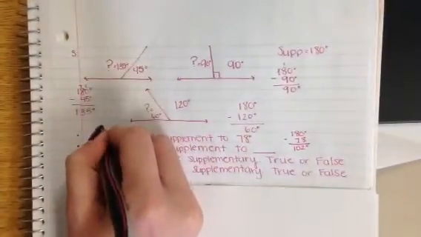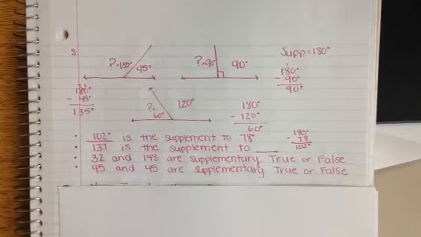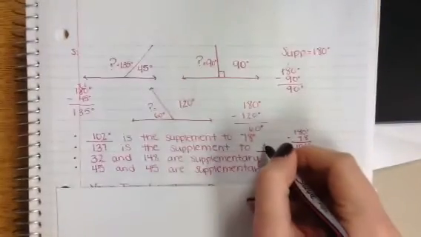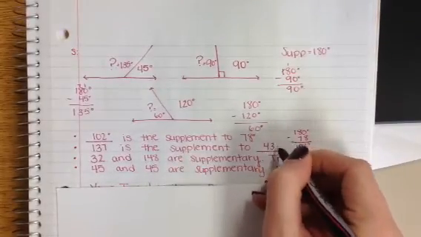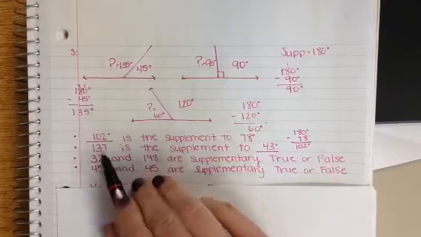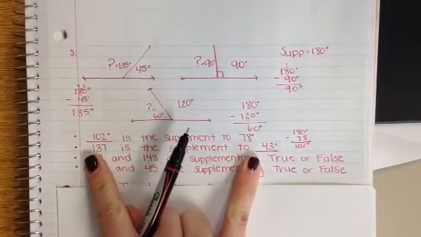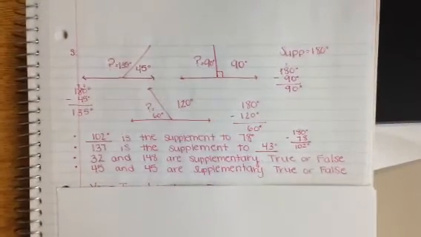So 102 degrees is the supplement to 78. 137 is the supplement to what? Well, 43 degrees is the supplement to 137 degrees, because when I add those two numbers together, I get 180.